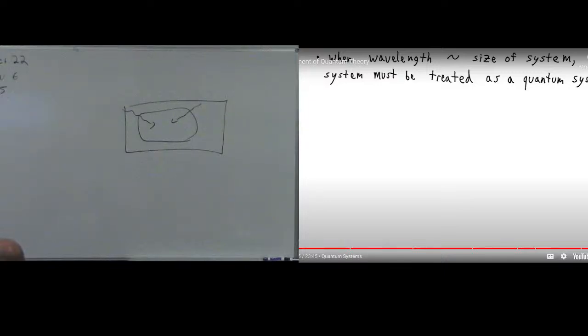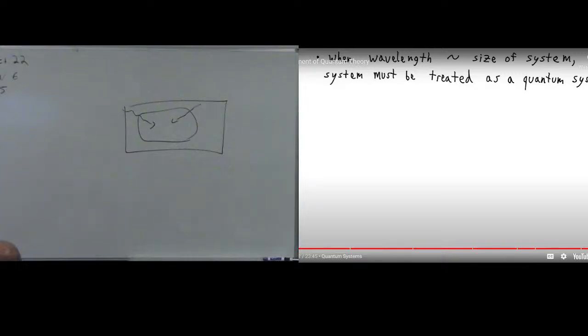So you don't have to model yourself as a quantum system to figure out the nature of your trip to the grocery store.